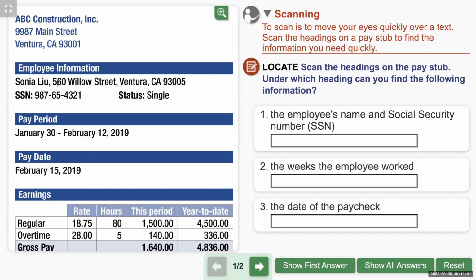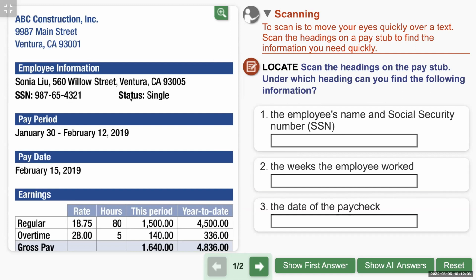The street 560 Willow Street in Ventura, California, zip code 93005. She has her social security number 987654321. The status, single. And remember, status can also be married.